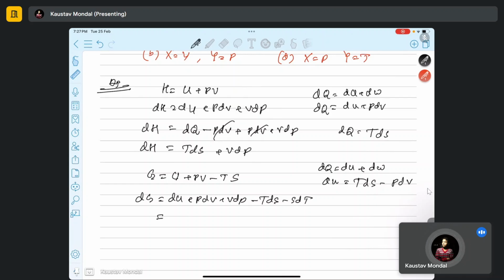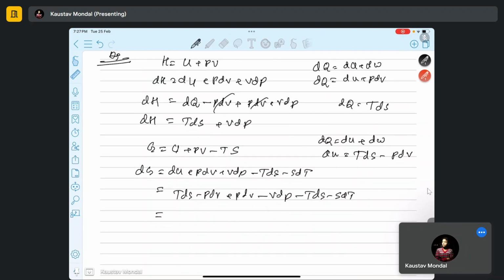So dU you can write as TdS minus PdV plus PdV plus VdP minus TdS minus SdT. So now TdS cancels, PdV cancels, so minus SdT plus VdP. This is the differential form of Gibbs free energy dG.